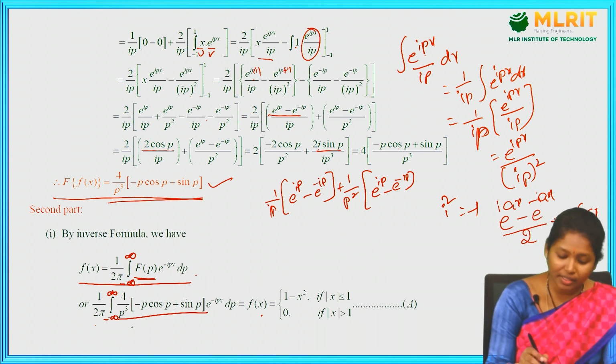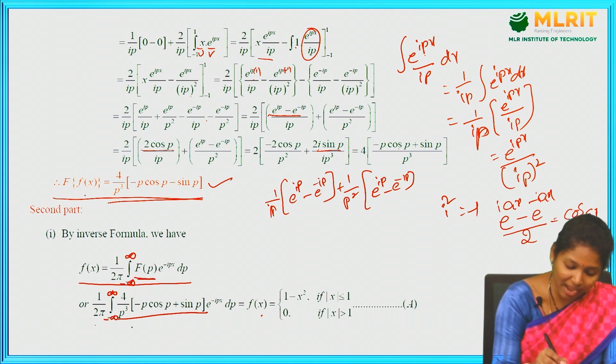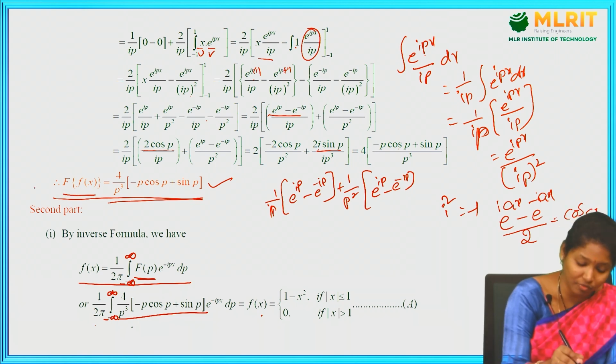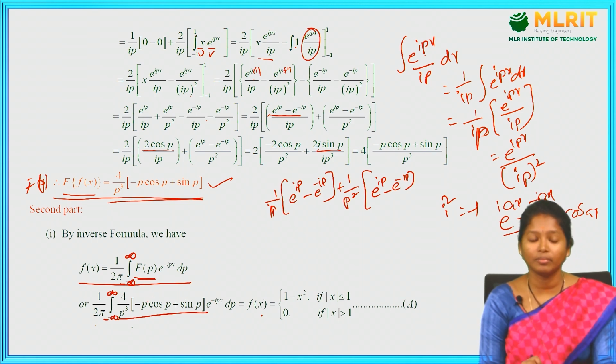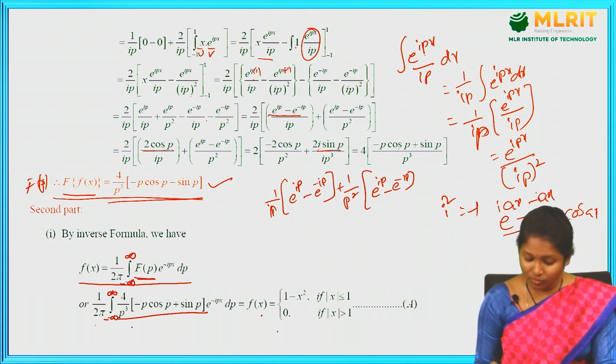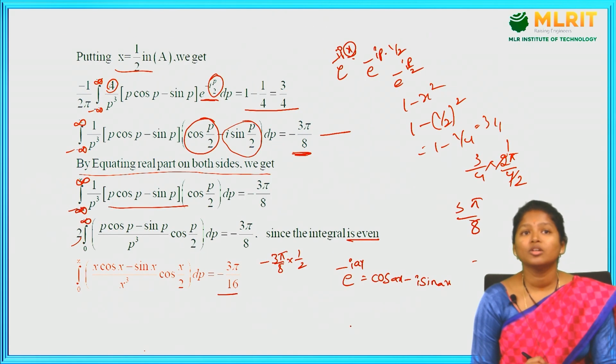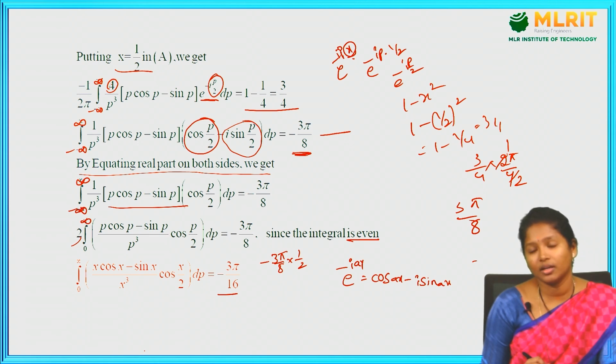So already we got the f of p value, right? So I am substituting f of p in the formula, and f of x is what the problem has given. Next I am taking x equal to 1 by 2 and substituting it in the formula.